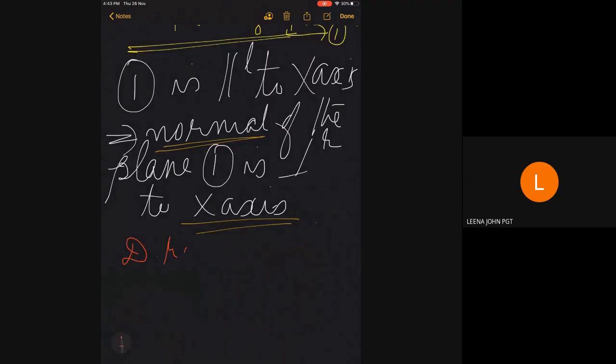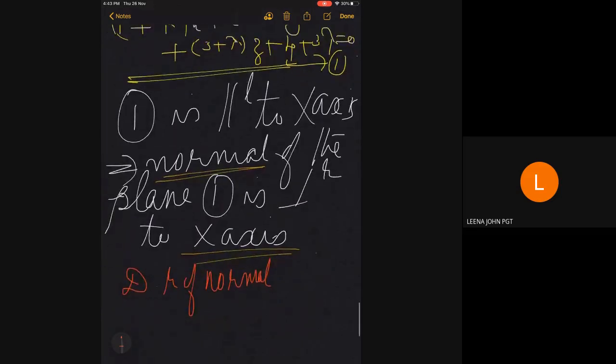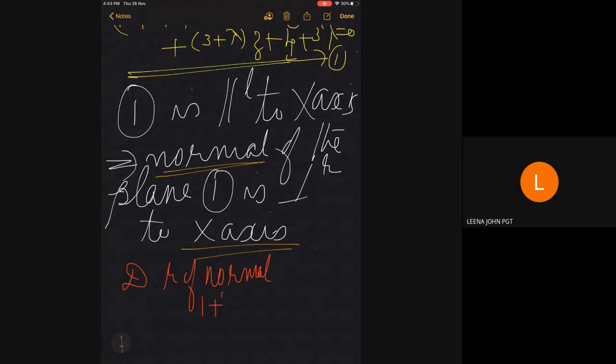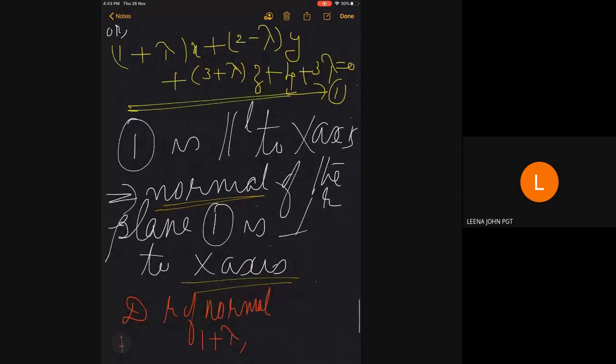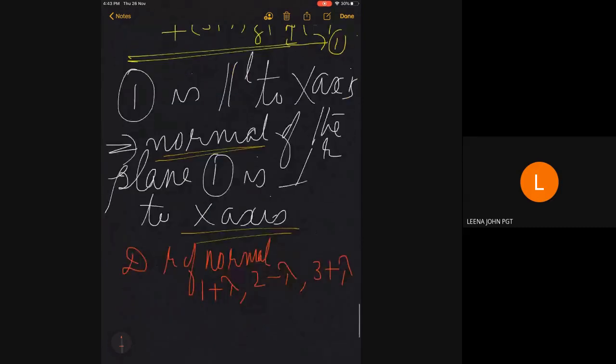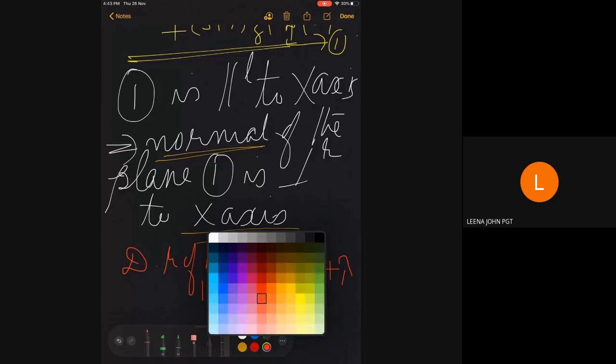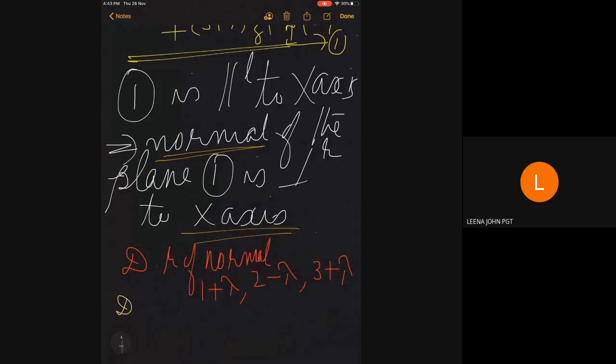The direction ratio of the normal, we know, is the coefficients of x, y, z, so it is 1 plus lambda, then 2 minus lambda, and 3 plus lambda. Similarly, the direction ratio of x-axis is 1, 0, 0.